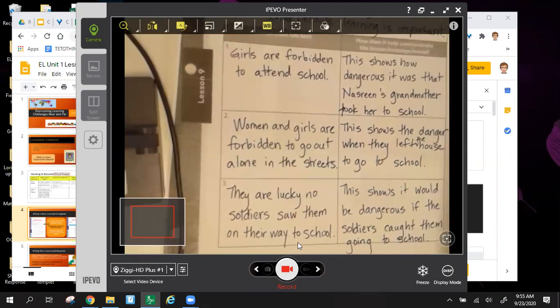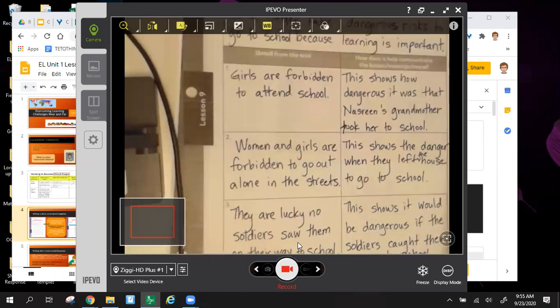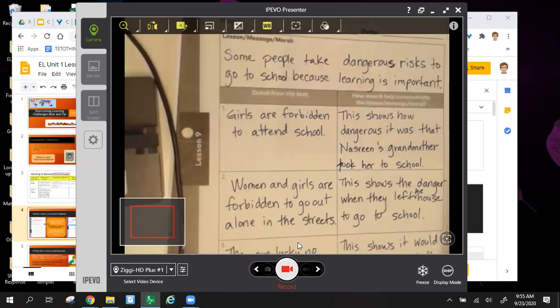Everybody who's here, turn to page 16 for me. These are your notes to help you today. These are the things we came up with as a group together. And these are your notes that are going to help you write today. There's going to be some questions, and you are going to use these notes to help you.